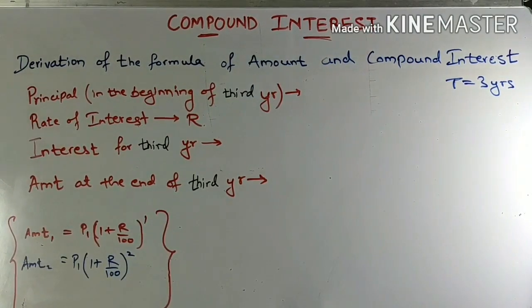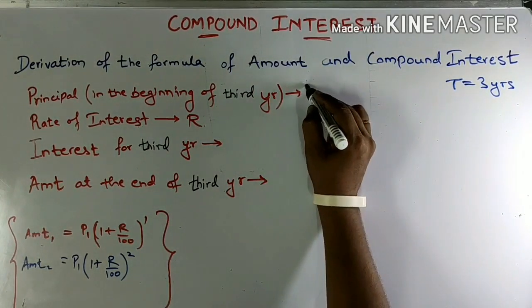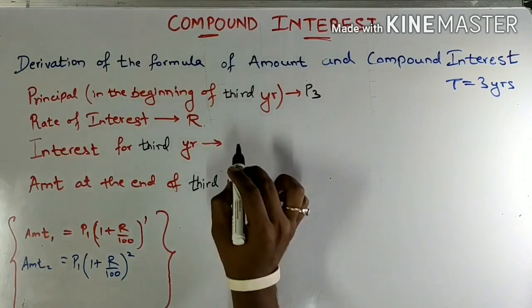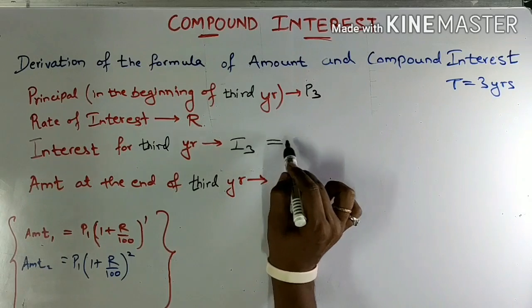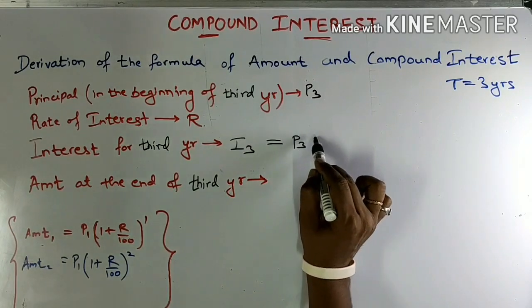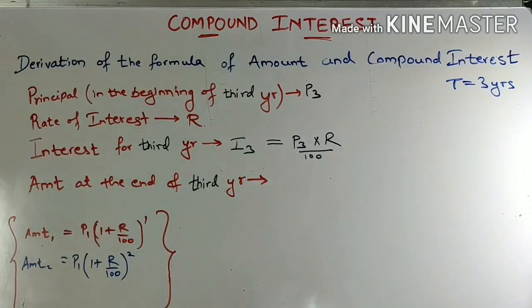Now we know the amount at the end of second year becomes the principal for the third year. Let us assume it to be P3. So interest for the third year, I3 will be calculated as P3 into R upon 100.